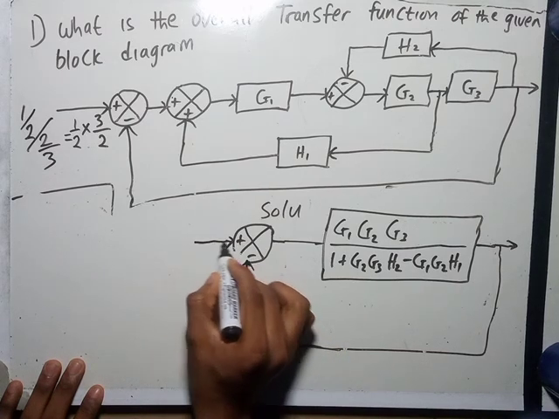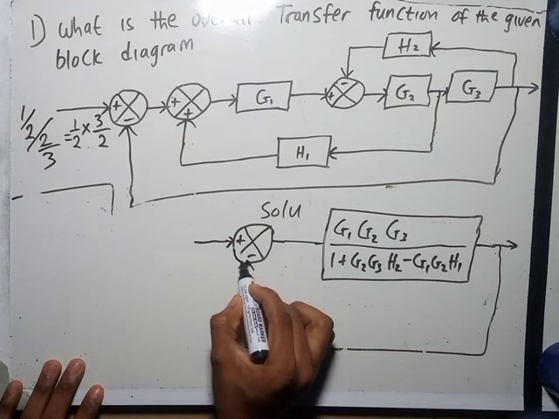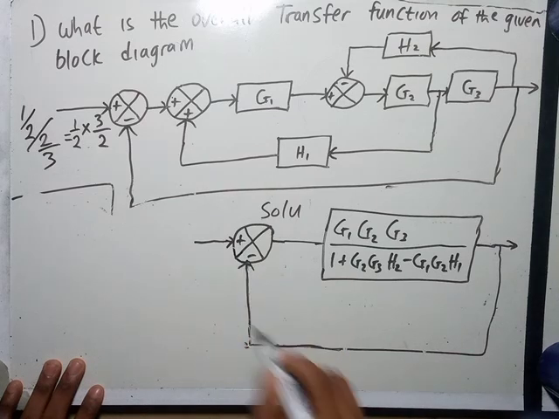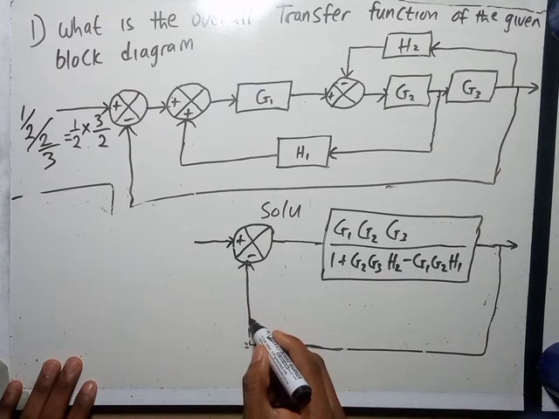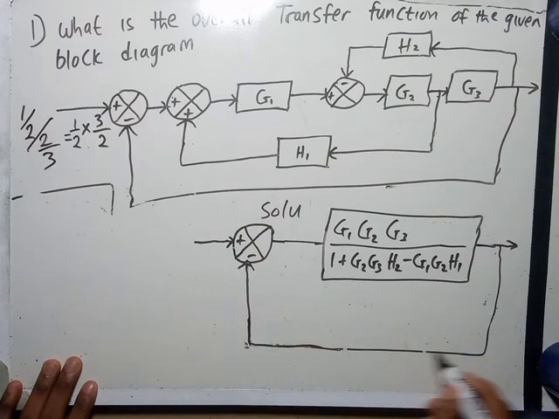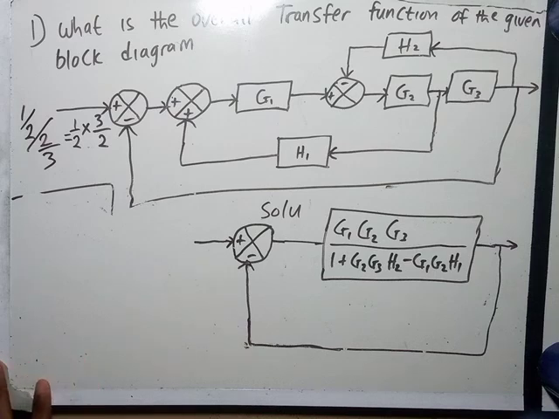Now we have reduced it to another closed loop again, but this time around we don't have an H towards this part. So this one is not a feedback loop but just a closed loop on its own.